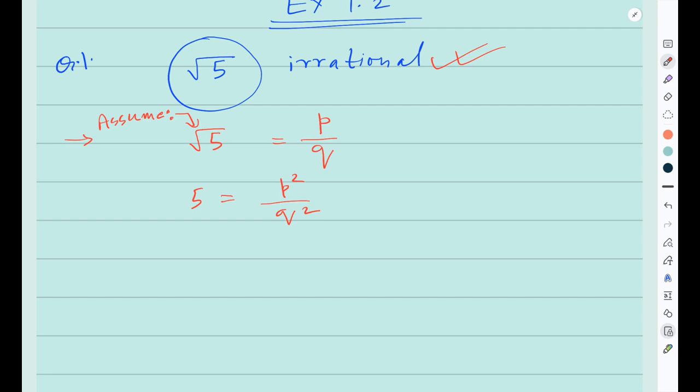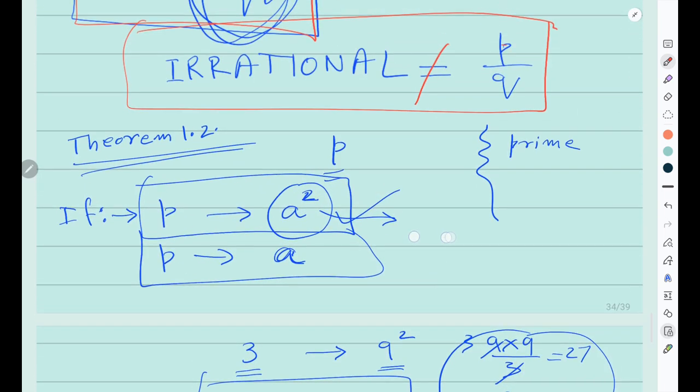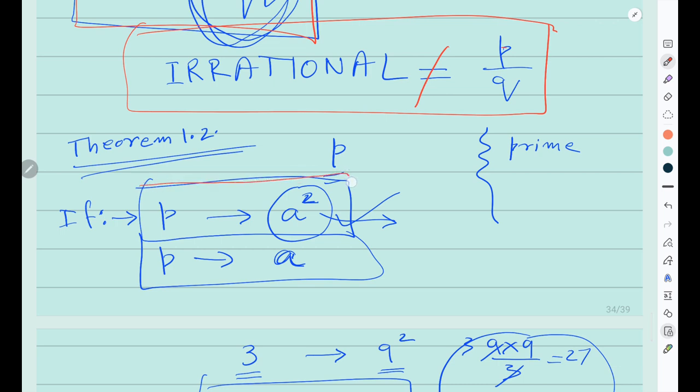Now, just rearranging it, 5q square is p square. According to theorem 1.3, I am again repeating, if a number divides a square, then that number also divides a.